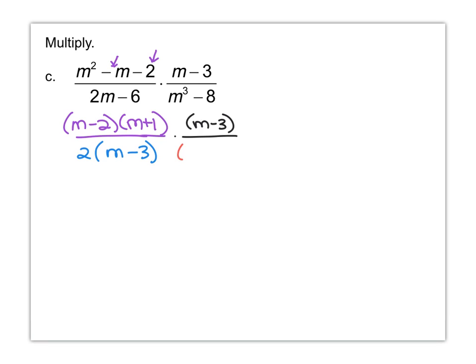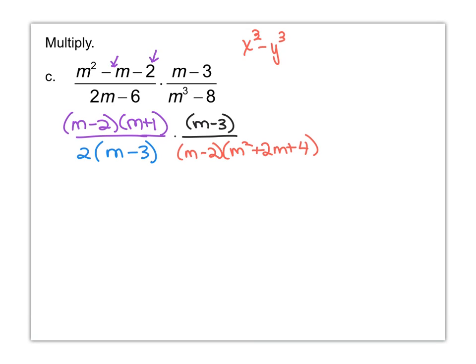So we can factor this, remember the formula for x cubed minus y cubed. So our x is m and our y is 2. 8 is the same thing as 2 cubed. So we can write this as m minus 2 as the binomial factor and m squared plus 2m plus 4 as the trinomial factor.